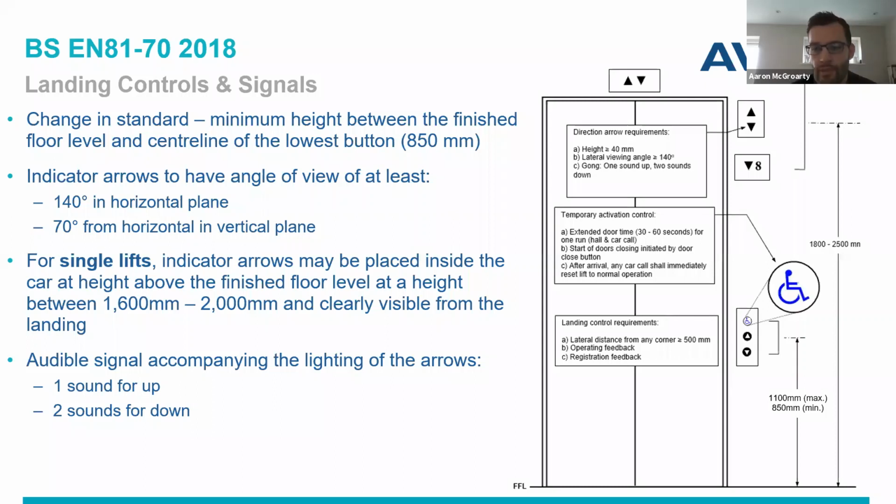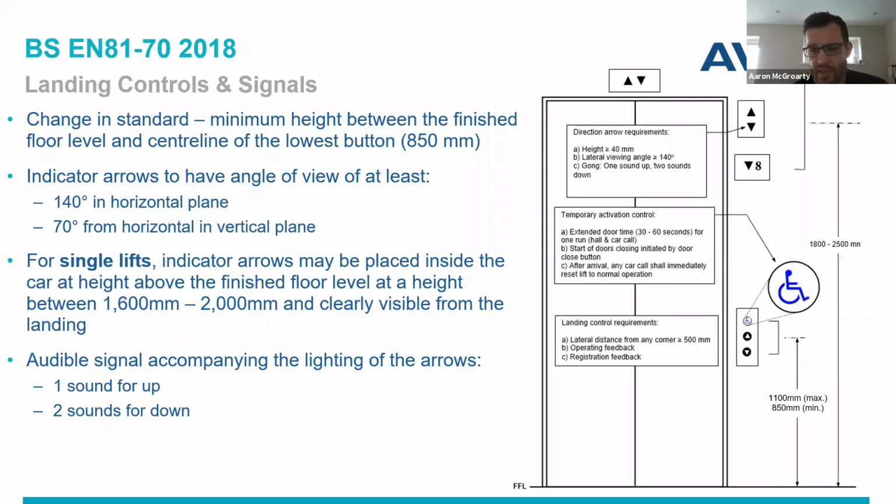So to run you through some of the things that you should consider when trying to go towards this code. The illuminated signals for direction of travel, which will be arrows on the displays, need to be placed above or adjacent to the landing doors. The indicator arrows should be positioned between around 1800 millimeters to 2500 millimeters above the finished floor level.